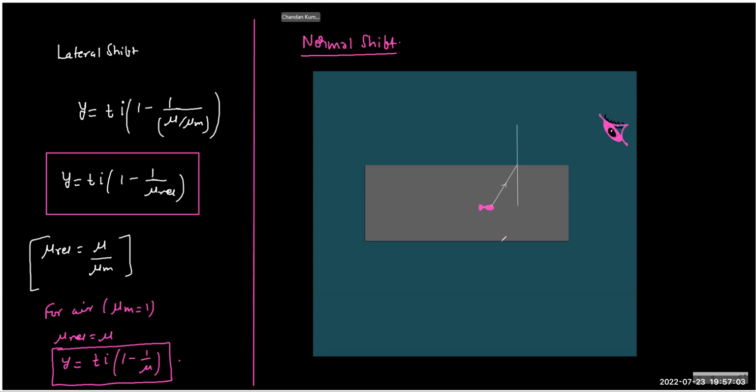Always remember that if I am looking at some object, the light must have traveled to me from the object. That's why I'm looking at it. So the direction of the light ray we always take from object to observer. Does it make sense, guys? Because of the law of refraction, assuming the outer medium is rarer compared to the initial, it will bend like this.